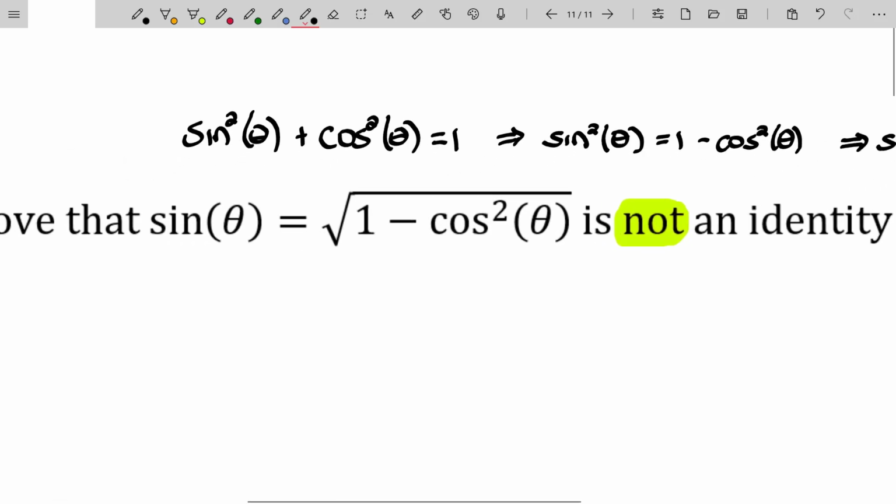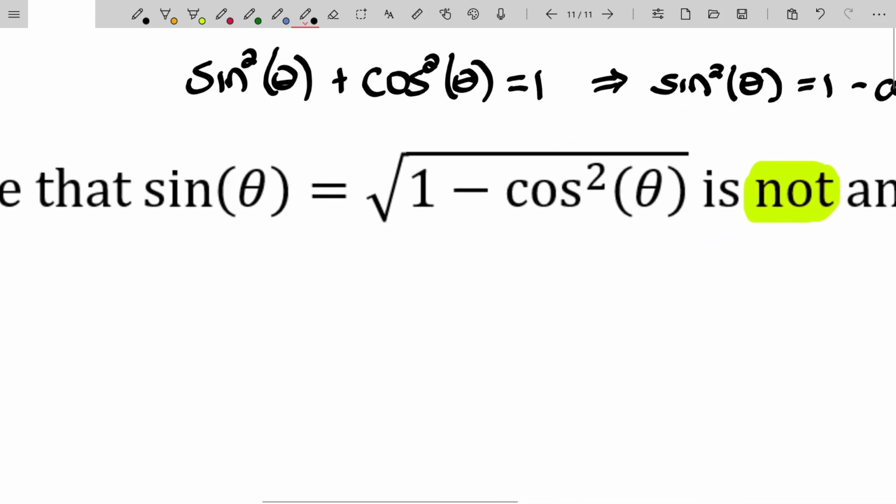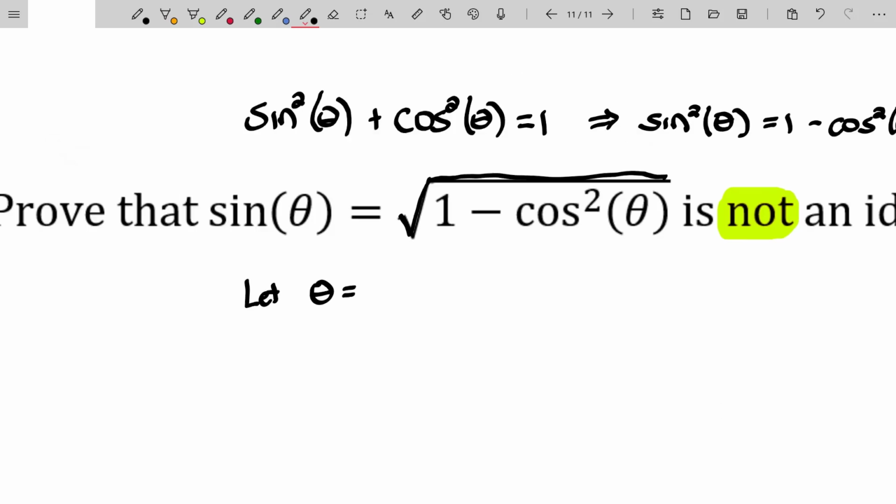So the way I'm going to prove that this is not always true is to find an angle where the sine is negative, because the square root, this guy right here, will never return negative numbers. So we're going to let theta equal, well, let's think about a place where the sine is negative.